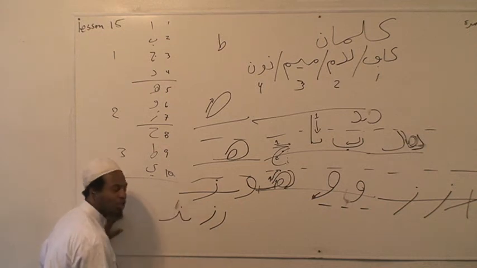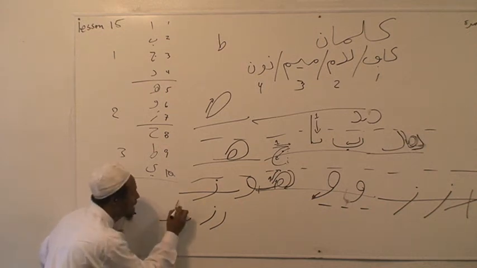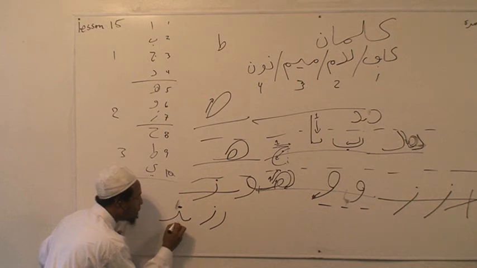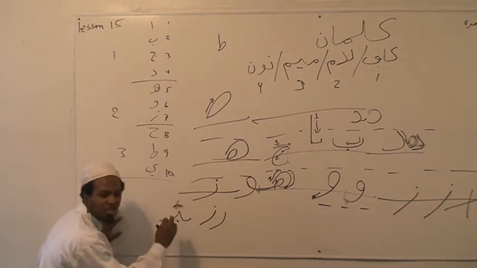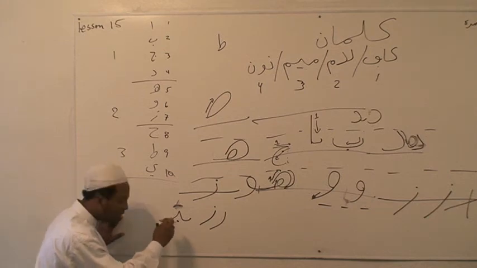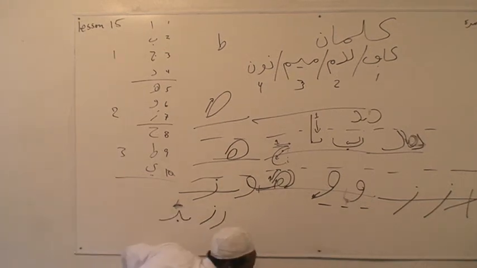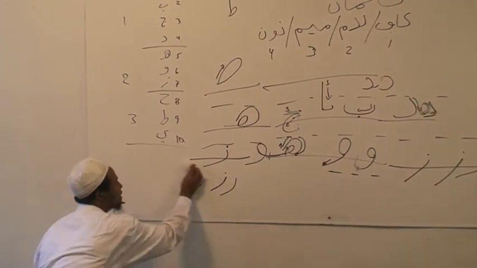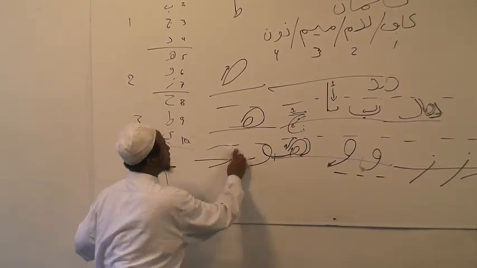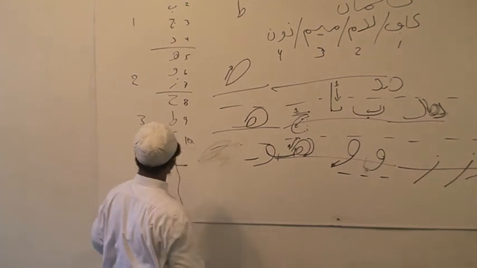If I put one, you know it's Noon. Even though it's off base, it should be in the middle. Or if I put one on the bottom, you know it's Ba. All that changes just with the diacritical marks. So they're very important, and you need to respect them and their placement. Their placement is very important. So that's what we're going to do.